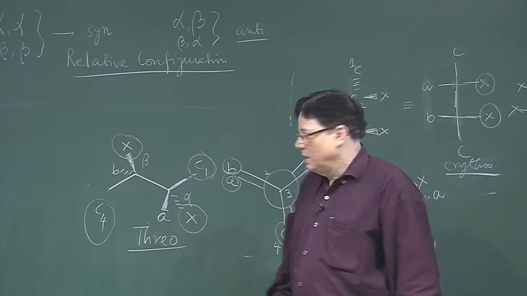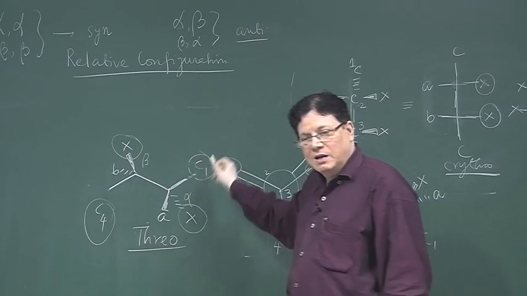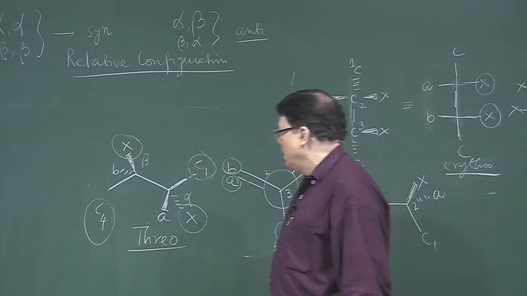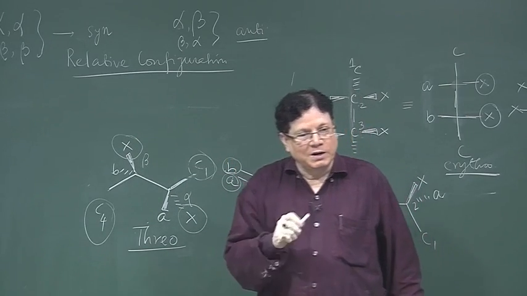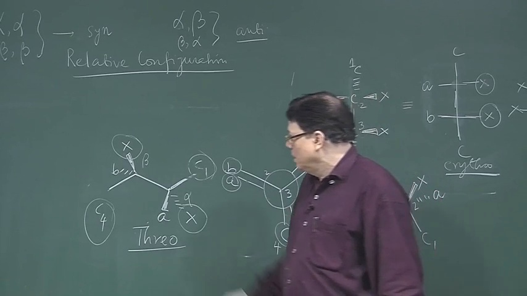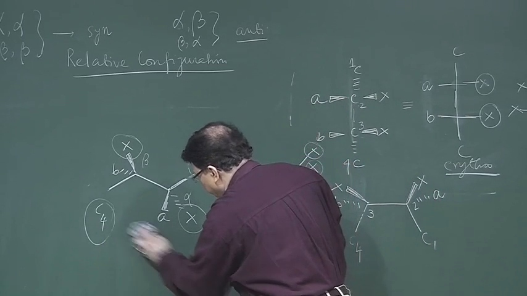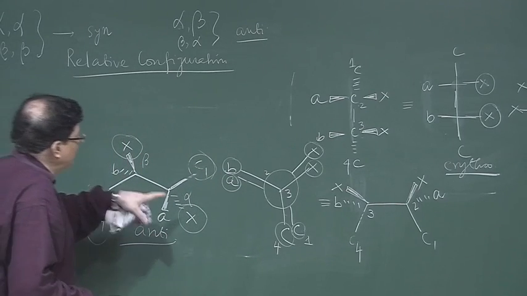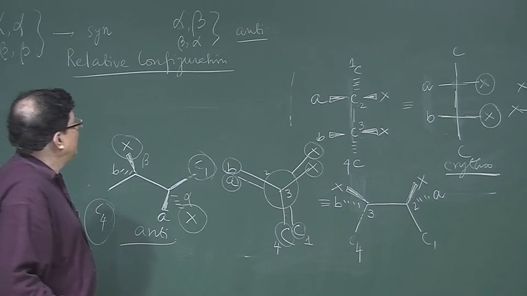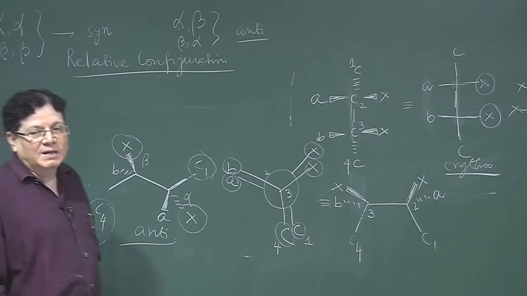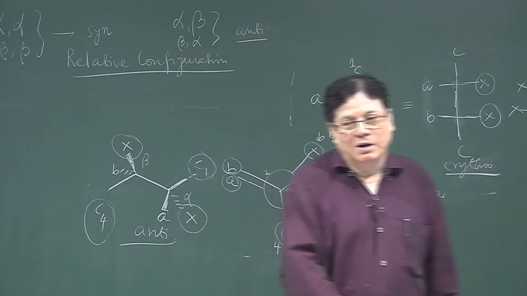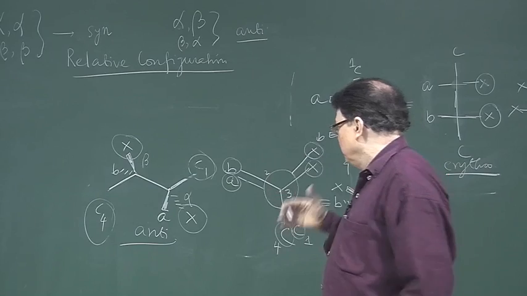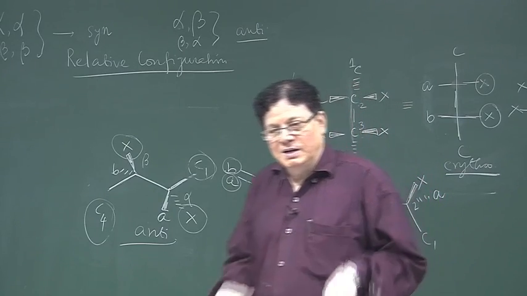According to Masamune, you still follow what Heathcock said and write it in zigzag form. If the similar heteroatoms have alpha-beta or beta-alpha configuration, you call that anti. If both are beta or both are alpha, you call that syn. That is the present-day nomenclature for the relative configuration in molecules with multiple stereogenic centers.